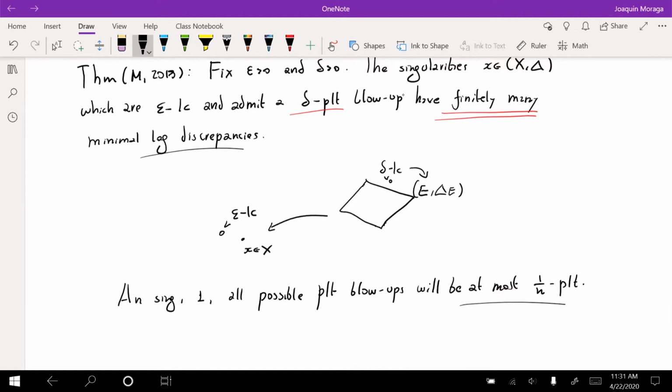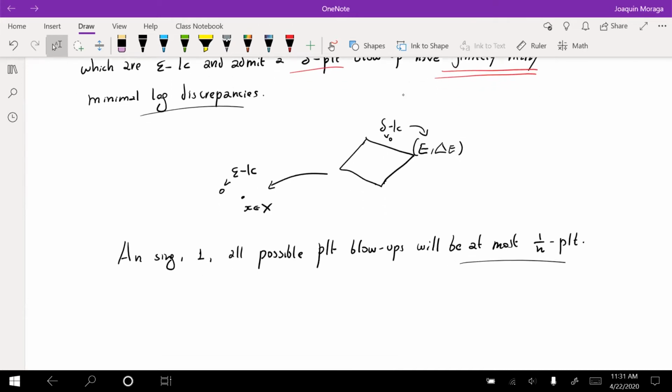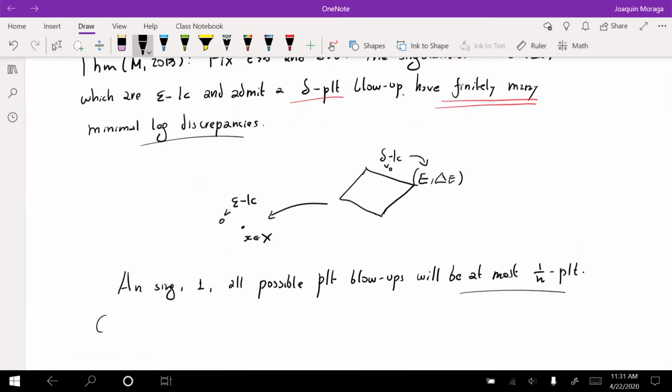Is it related to exceptionality of singularity, existence of such a blow-up? Right. So actually, a corollary of this theorem is that n-dimensional exceptional singularities only have MLDs accumulating to 0.